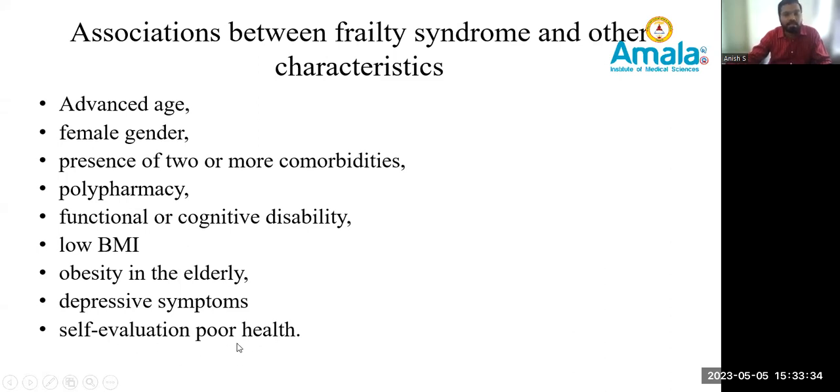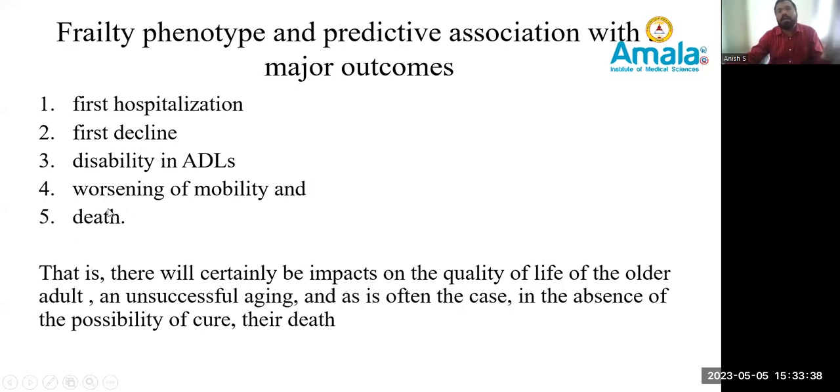There are many tools that have been used which are useful in one way or the other. The frailty phenotype has shown association with major outcomes like first hospitalization, first decline, disability in the activities of daily living, worsening of mobility, and death.